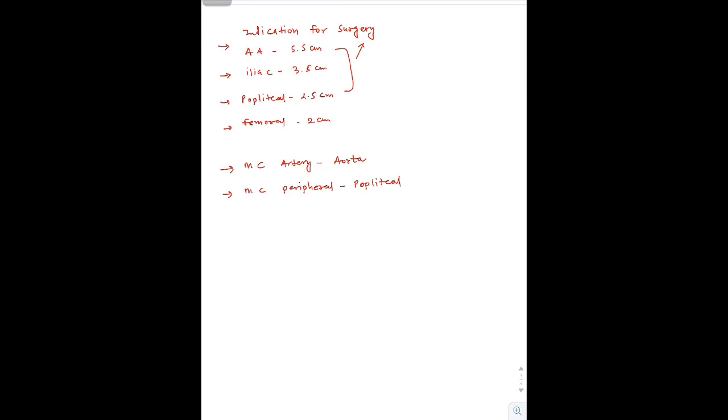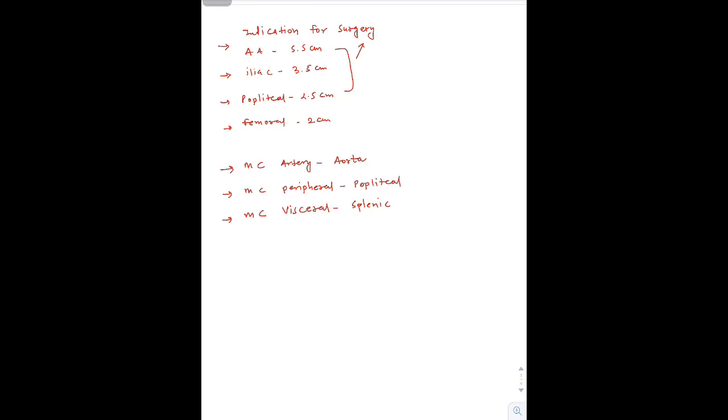They change just the question to most common peripheral artery, and we always remember that, oh my god, it is the aorta. So you just got one more question wrong. Don't panic. Just remember this. Most common peripheral, it is popliteal, and most common artery, it is aorta. And the last point is most common visceral artery, it is splenic.